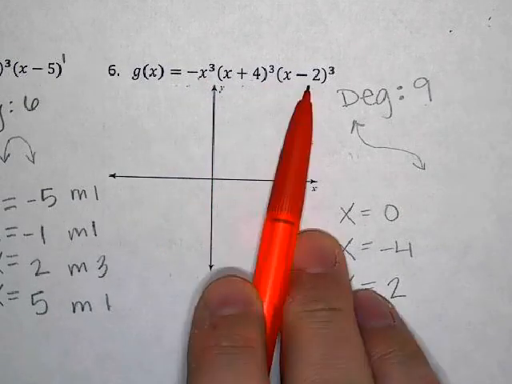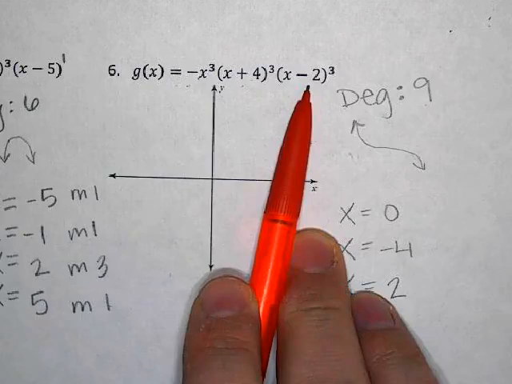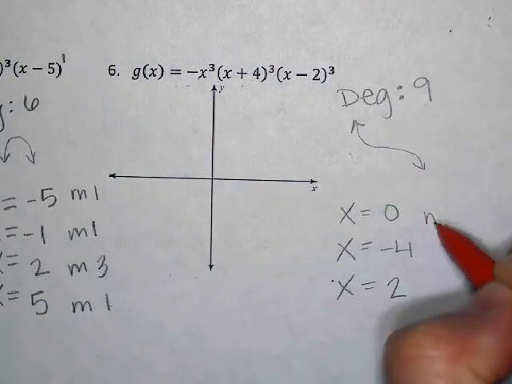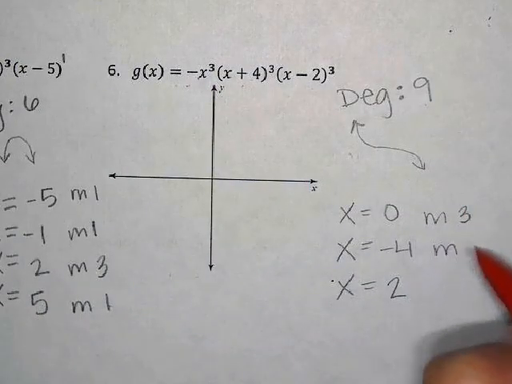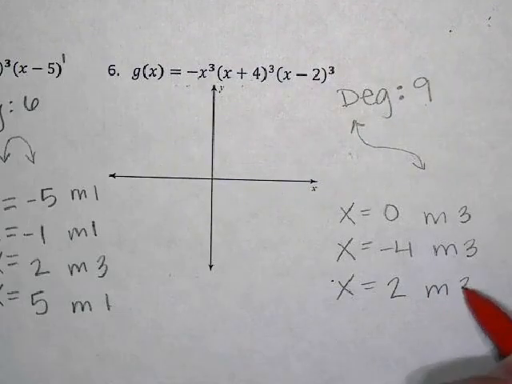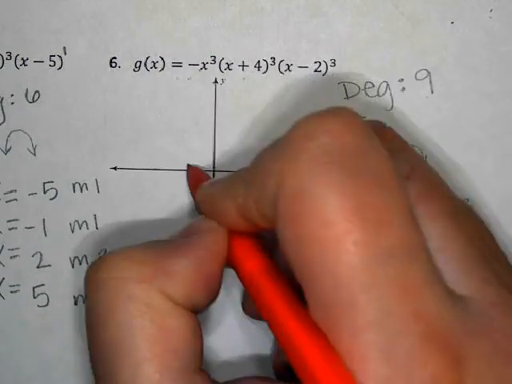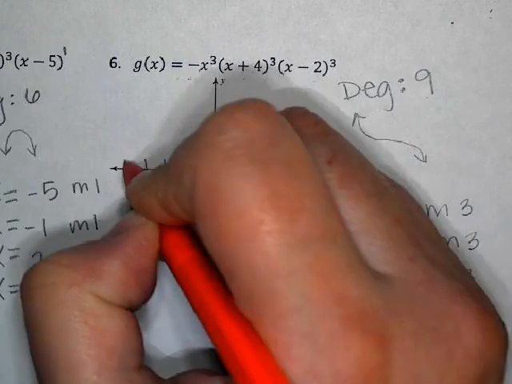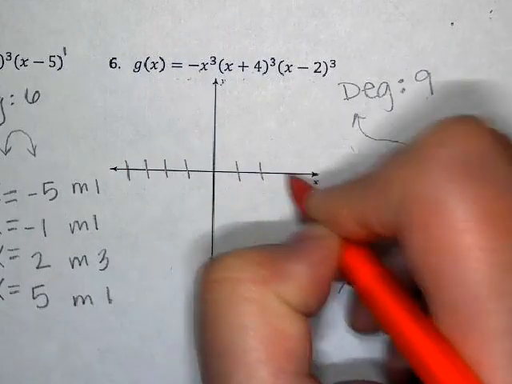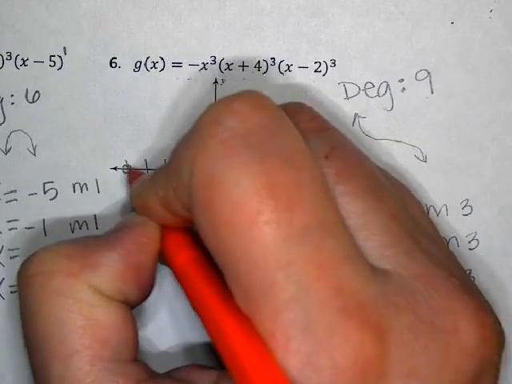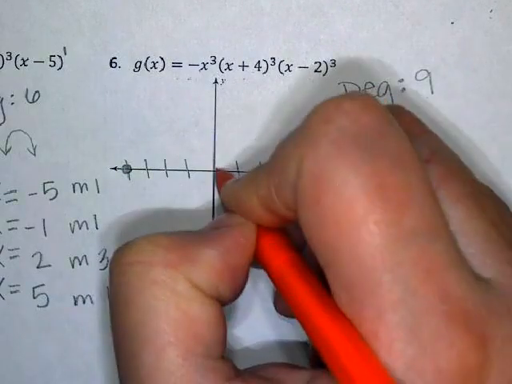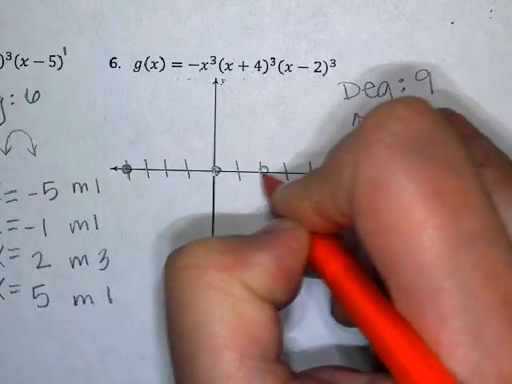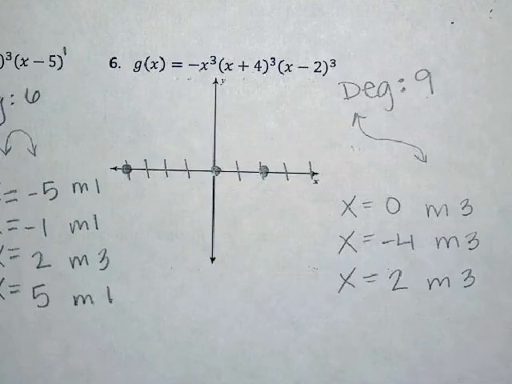Okay? Okay, so we got -4, we got 0, we got 2. Got an up arrow first, then we got a down arrow.